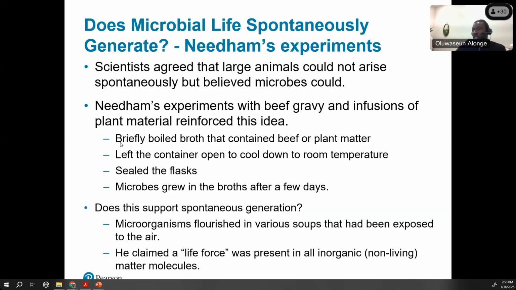So the key thing was that he briefly boiled it, and the fact that he briefly boiled it implies that the bacteria may not have died. That's the key thing here. So the thought is that the microorganisms grew here all because they were still there, because they were not fully dead.